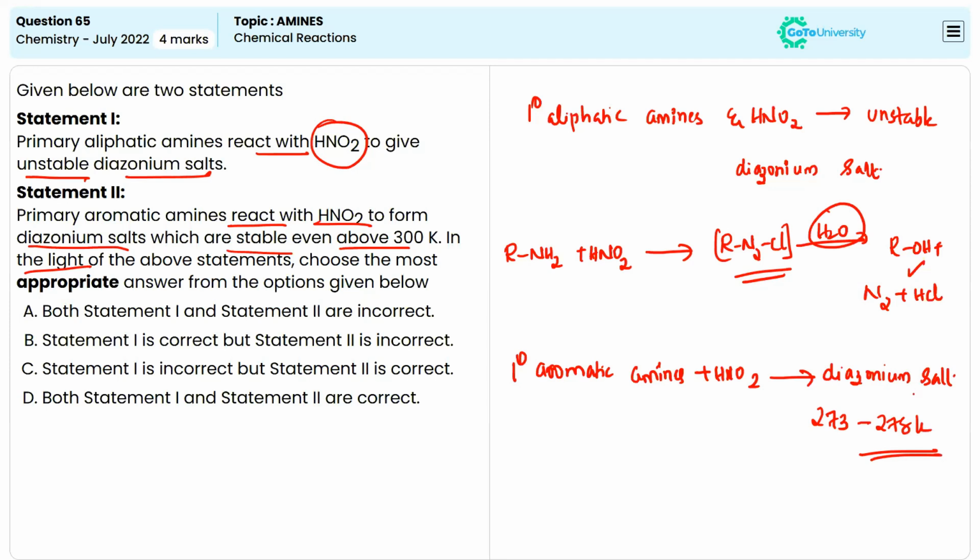So this diazonium salt produced will be stable at a temperature of 273 to 278 Kelvin. So we can say the first statement is correct, right? Because they are producing an unstable salt. And the second statement is incorrect because they are stable at a temperature of 273 to 278, not 300. So the first statement is correct, the second statement is incorrect. Option B is the correct answer.